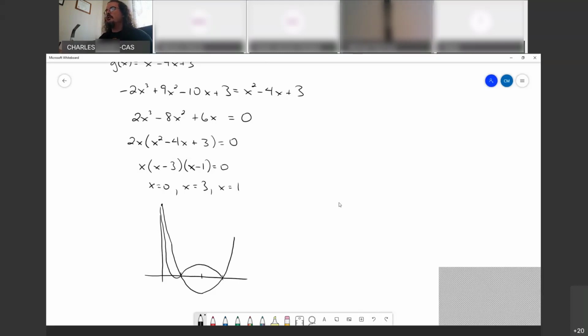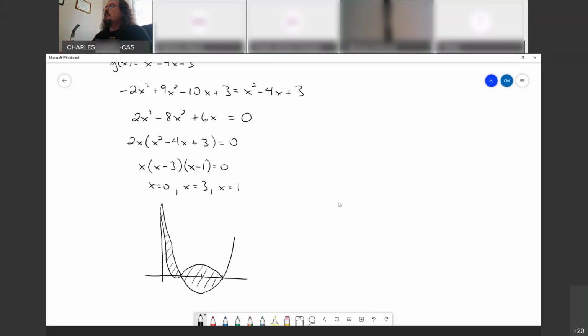So my drawing's not that great, but you can see there's a region right there, right? And then there's another one right there. Everybody see the 2 different regions there? You can graph it on your calculator if you want to get a better look at it.